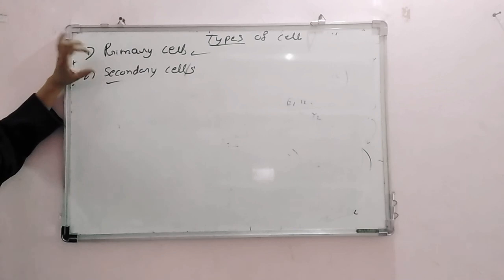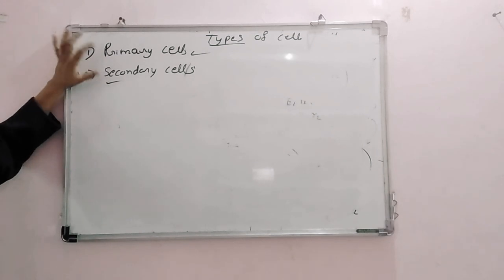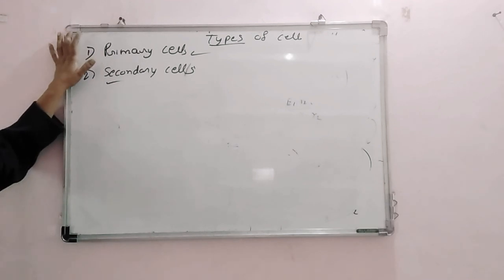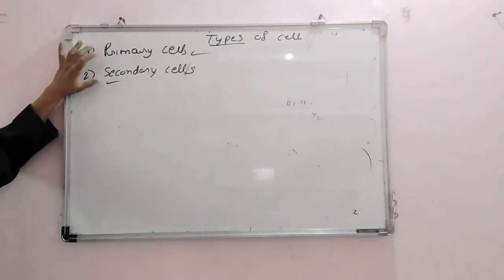Even though the cost of these cells is more than the primary cell, these cells can be used for heavy load. Many more examples: lead acid cells, then solar cells, and a number of different chemical cells.